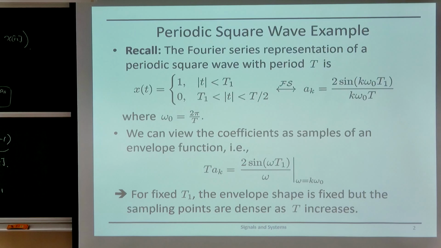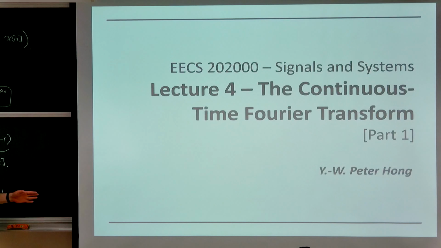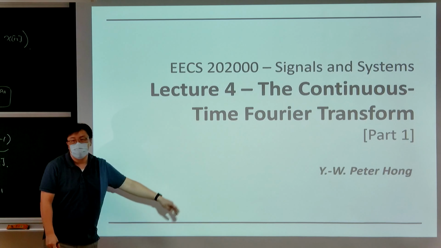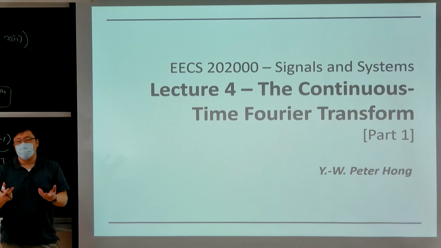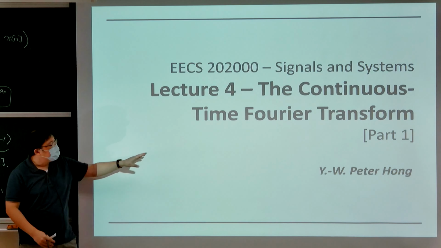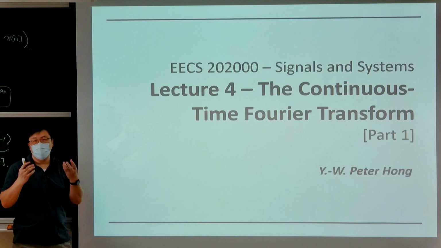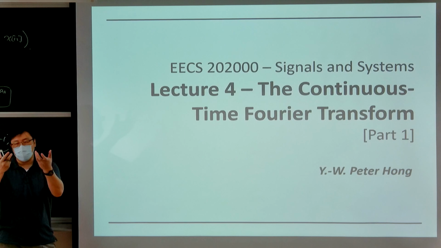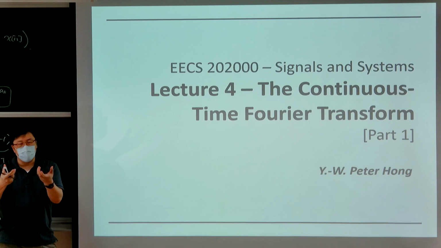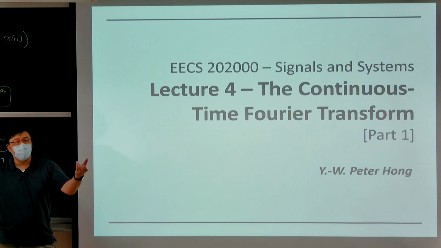All right, so the main idea is like this. We now know how to write out the Fourier series representation for periodic signals. Now, the insight here is that for aperiodic signals, we can actually view them as periodic signals with period that goes to infinity.